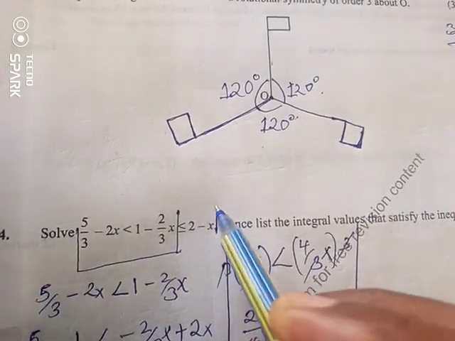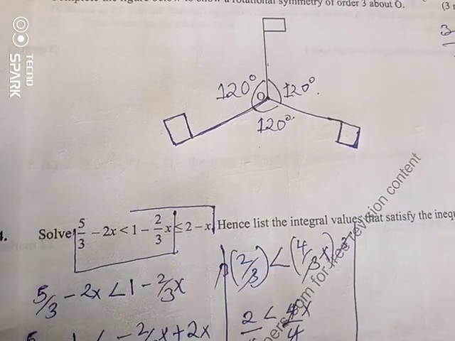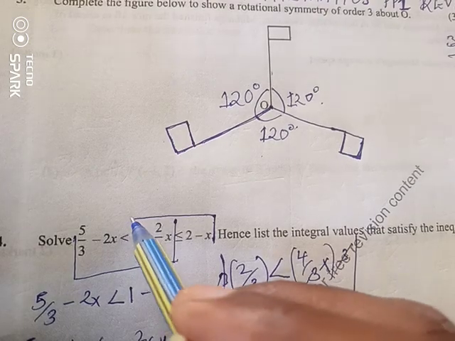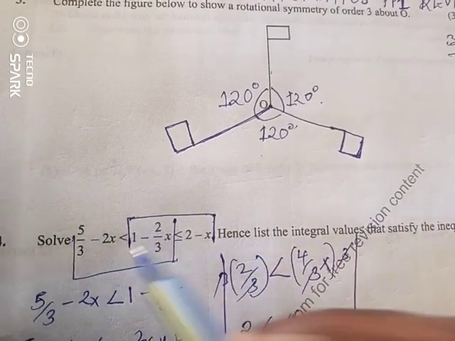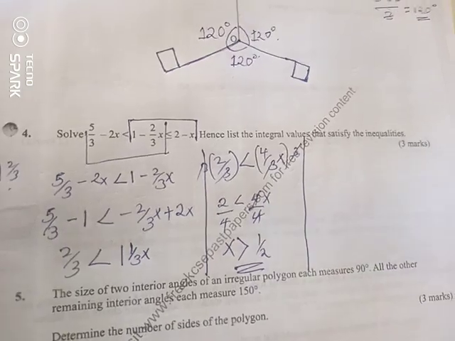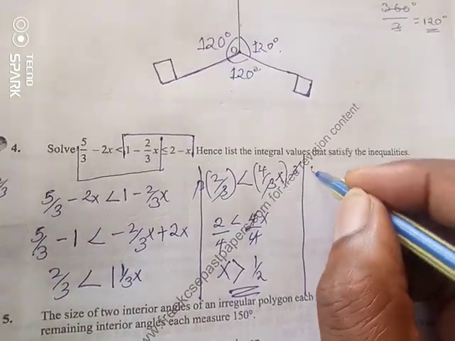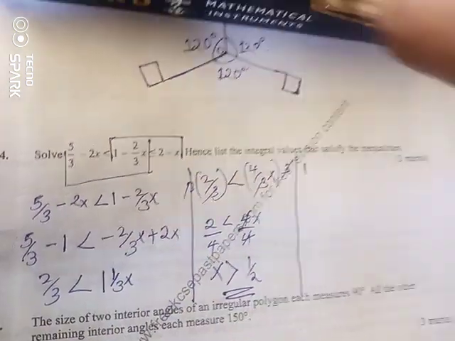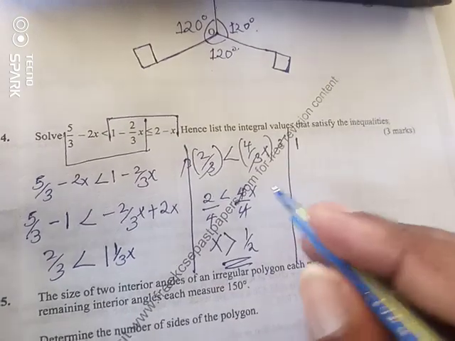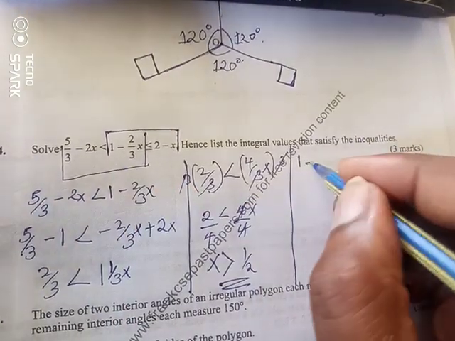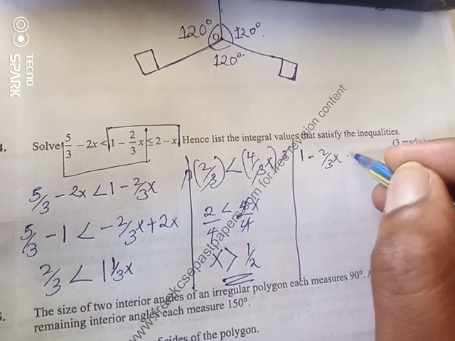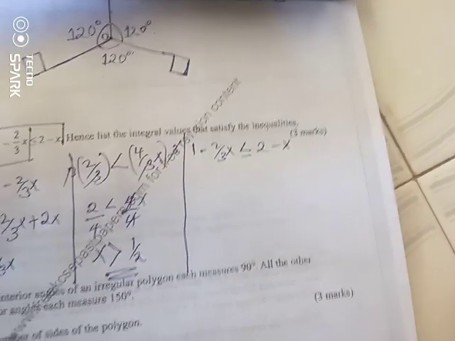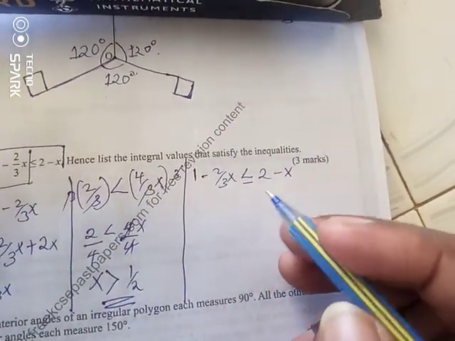Now we start from the right side, come with it just before we reach the second sign, and we extract our complete inequality, and it shall be 1 minus 2 over 3x is less or equal to 2 minus x. So solving through collection of like terms, what do we have?